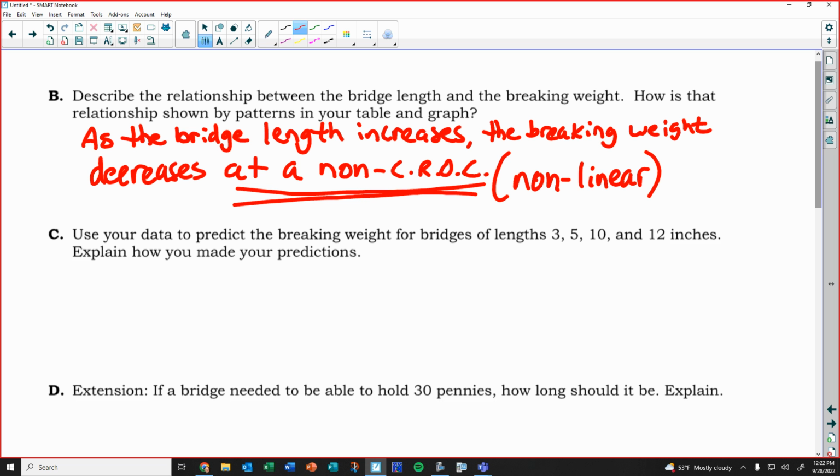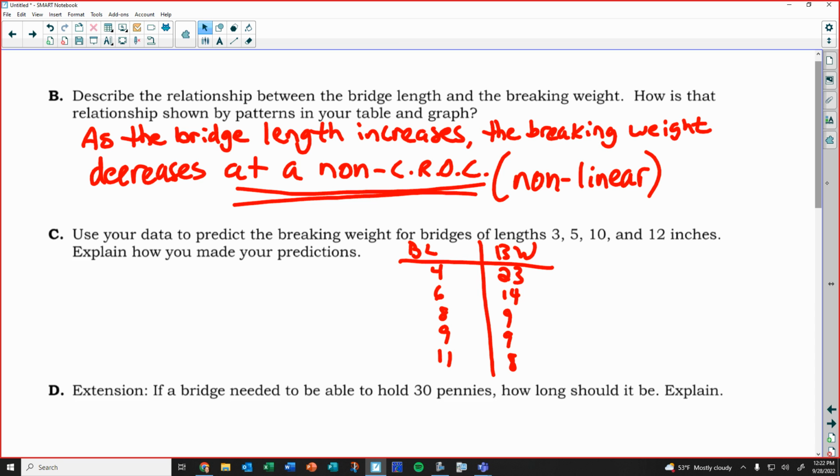Now, just from using my table, all right, so remember we had the bridge length and the breaking weight, because they wanted us to predict, right? 4, 6, 8, 9, and 11. So, for example, at 3 inches, well, 3 inches is above 4, right?